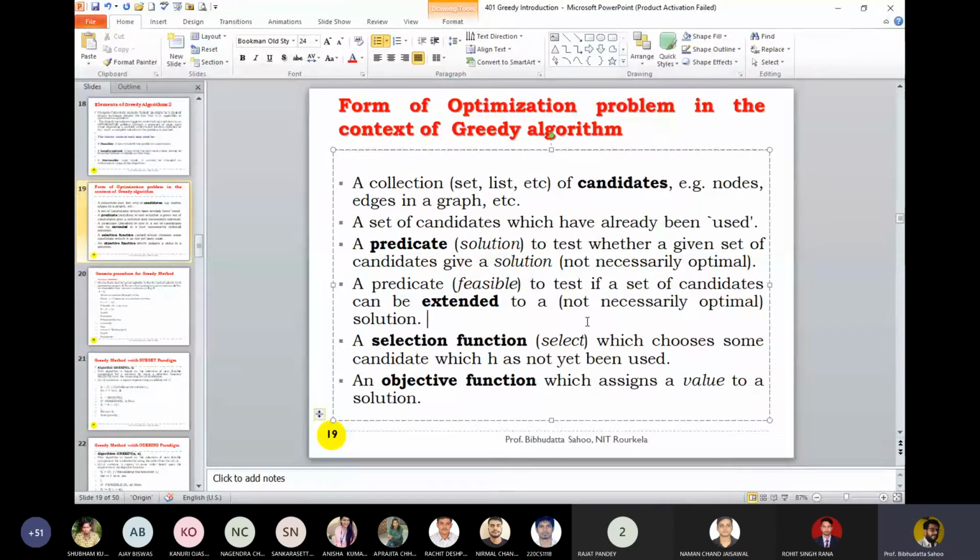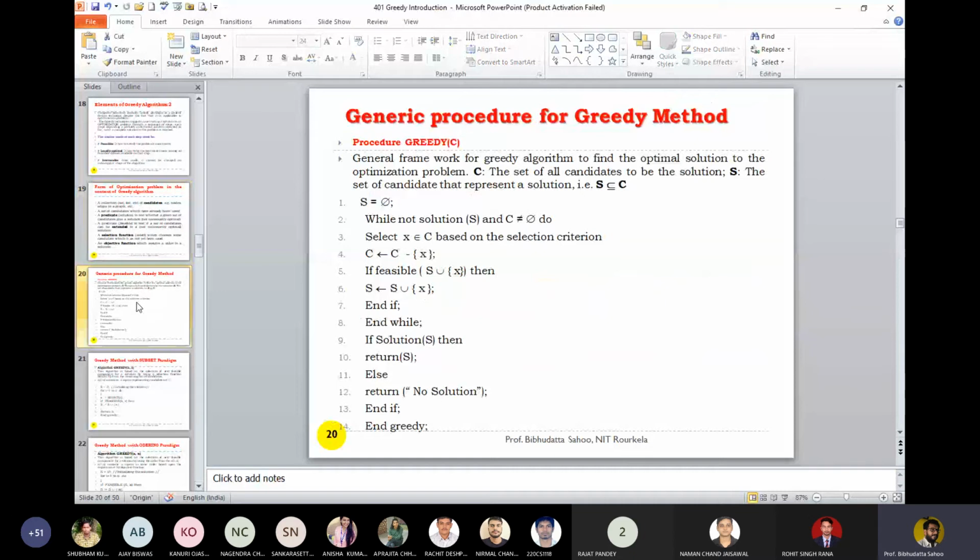So that is the predicate or the solution. Okay, now looking into this, you can find in the literature that there are 2 control abstractions, or a generic framework or procedure, available for greedy algorithm.